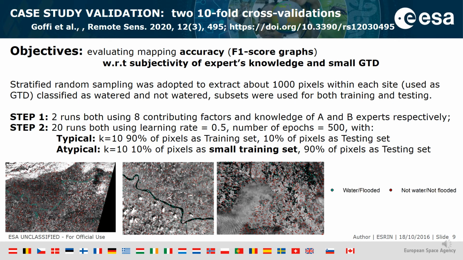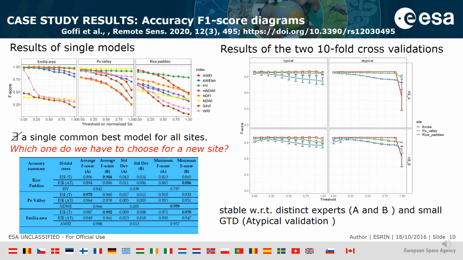So the first phase was executed twice with the soft constraints of the 2 experts, and phase 2 was executed 20 times: 10 times for the 10-fold cross validation in the typical setting, where we use 90% of the pixels for training and 10% for testing, and 10 times in the atypical setting, for testing the accuracy when we have a small training set. To give you an idea, around 100 classified pixels in each area.